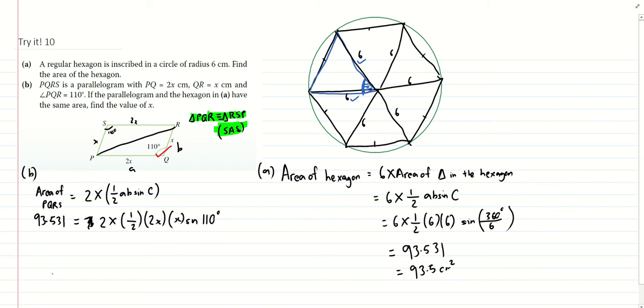Okay, so simplifying your workings, we will have 2x squared sine 110 degrees equals 93.531. So to find x squared, I have 93.531 divided by 2 sine 110 degrees.